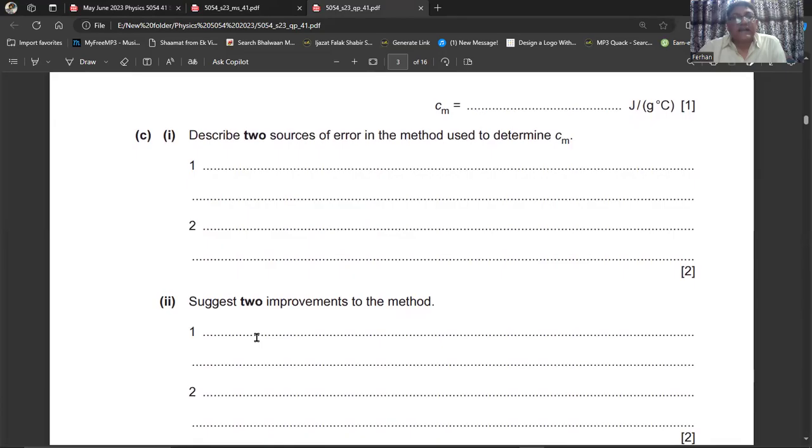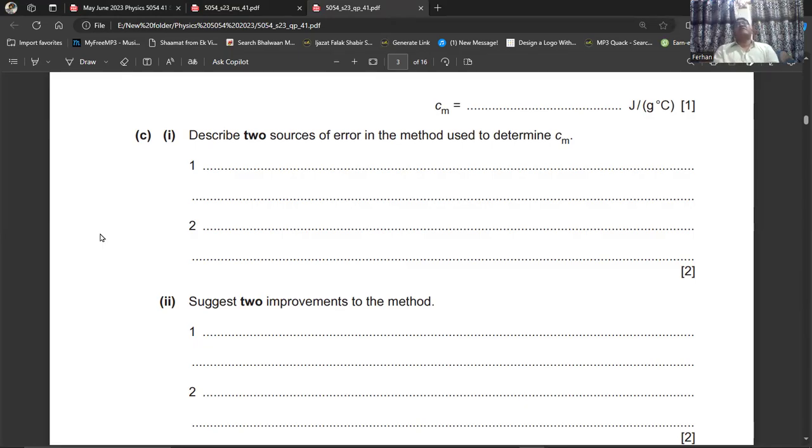Okay, this is C first part. Describe two sources of error in the method used to determine the specific heat capacity. In this method, you know from that formula that basically we are dependent on two readings, two measurements, theta 1 and theta 2. So the possible errors can be when you are reading the temperature from the thermometer, or when you are using the thermometer, you might do something wrong.